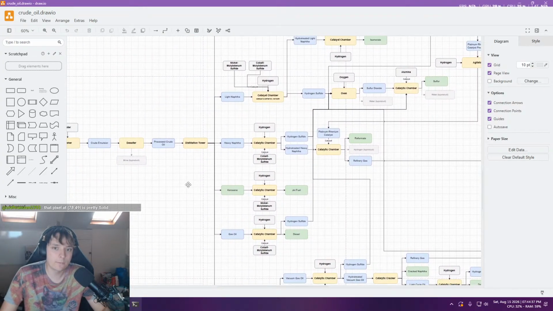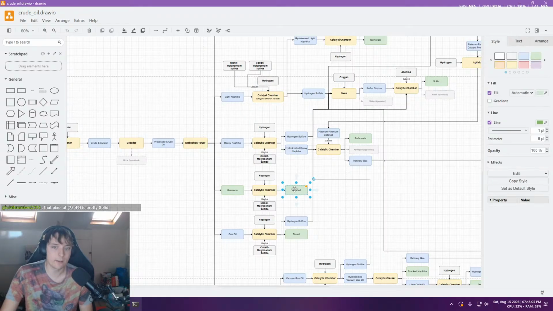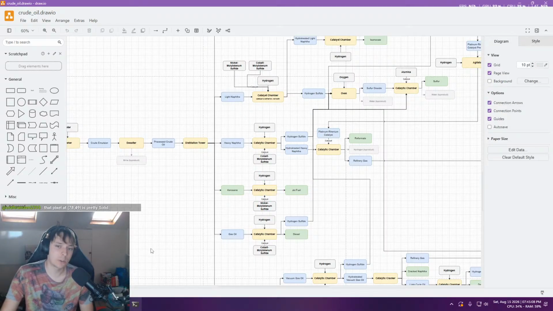Anyways, next is kerosene. Kerosene in and of itself is a product. You don't have to process kerosene, and at least in the current stage of Industria, for the foreseeable future, kerosene won't have a use beyond kerosene. But there is going to be a processing line to get jet fuel. As I say, jet fuel won't be useful for anything, but potentially in the future that processing line will make more sense if jet fuel becomes useful.